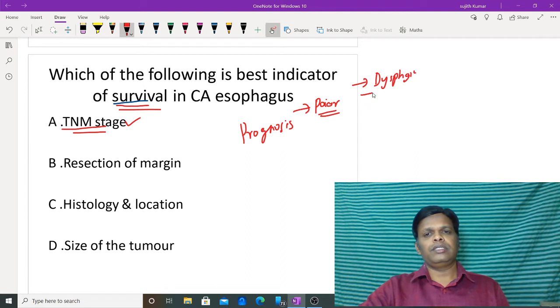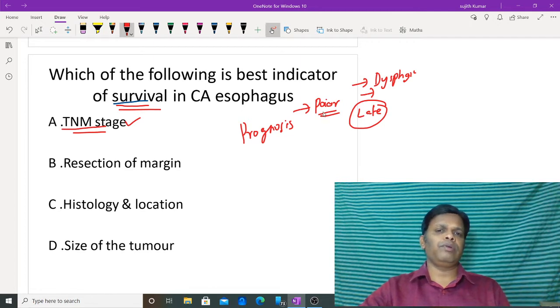Dysphagia is the main symptom, and other symptoms are because of hoarseness of voice, because of the recurrent laryngeal palsy. These symptoms are there, then that will be a late presentation. So most of the time you will get a late presentation. That's why the prognosis is very poor in carcinoma of the esophagus.